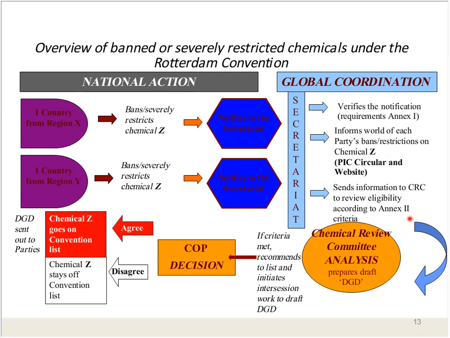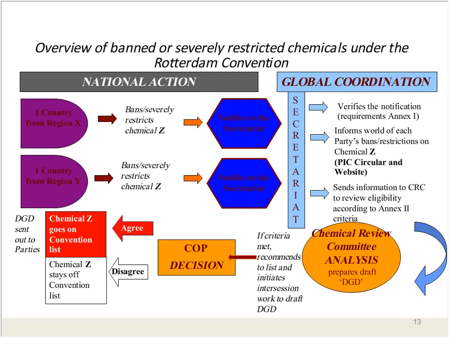Because when two parties in two different PIC regions have banned or severely restricted the chemical and have submitted the notification of final regulatory action to the Secretariat, then the work of the Chemical Review Committee is triggered and the chemical may be listed in Annex 3. So what does the Chemical Review Committee do?